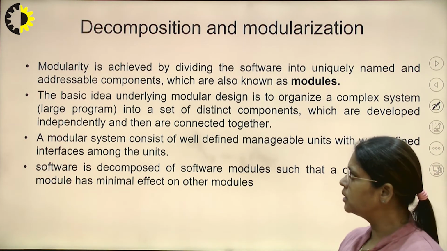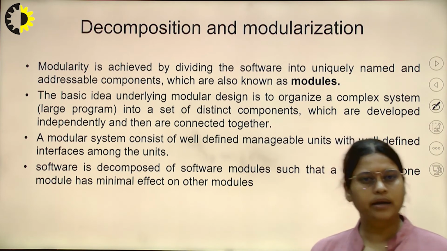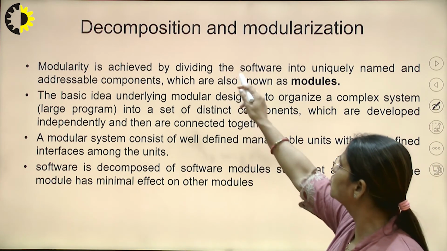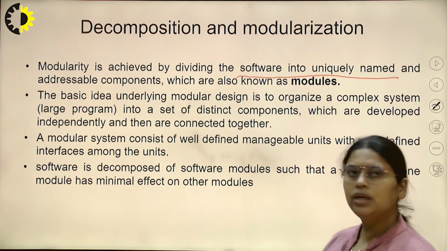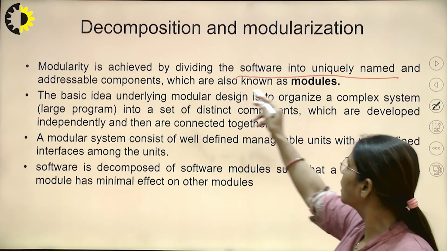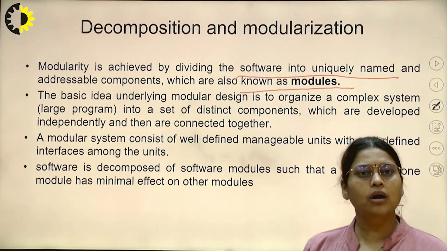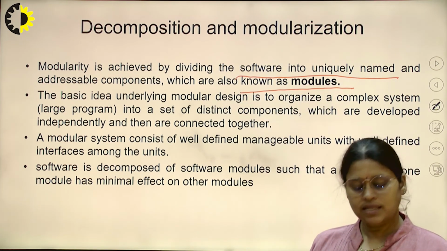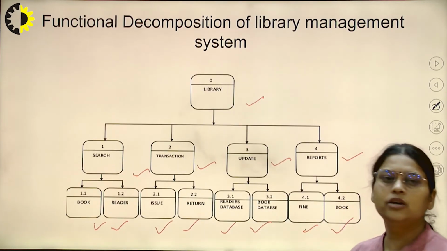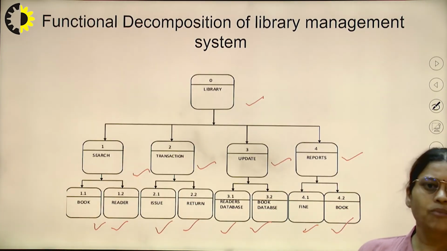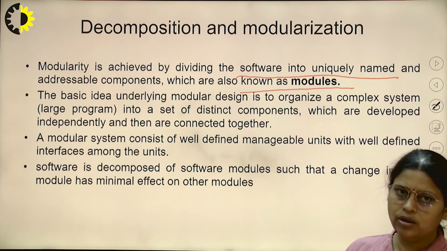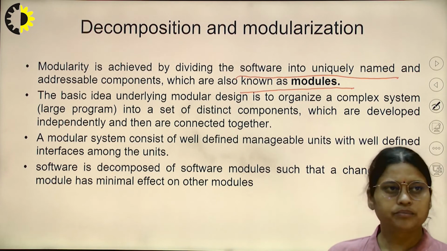As I have already discussed, modularity is achieved by dividing the whole software into uniquely named and addressable components, and these components are called modules. As seen in the previous slide, the whole software is divided into n number of sub modules. This is decomposition, or we can say it is the modularity of the software.